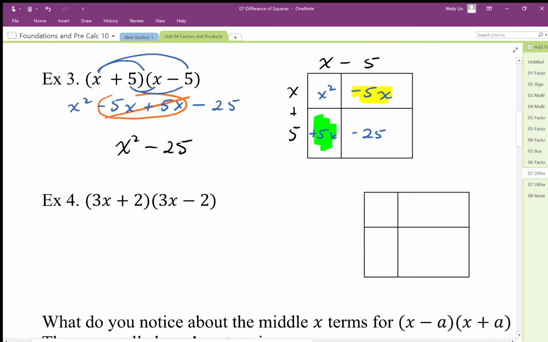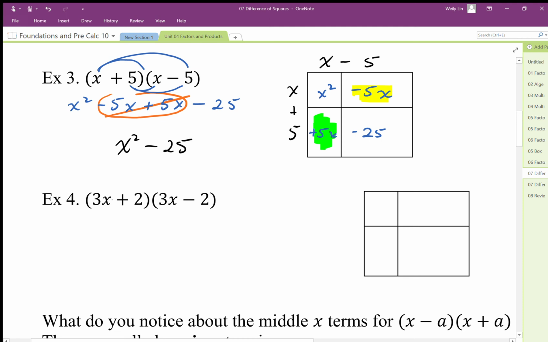Even when we have coefficients in front, as long as we have this type of symmetry, we end up with 3x minus 2, 3x plus 2. This opposite symmetry, when we distribute out, we end up with our square, which is 9x squared here. These two terms cancel out because one is positive and one is negative: negative 6x, positive 6x.